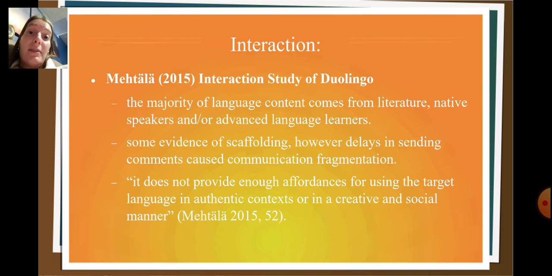Some evidence of scaffolding was identified, but the problem was that because the communication was delayed, it actually became fragmented. And so what Metelli suggested was that Duolingo does not provide enough affordance for using the target language in authentic contexts or in a creative and social manner.